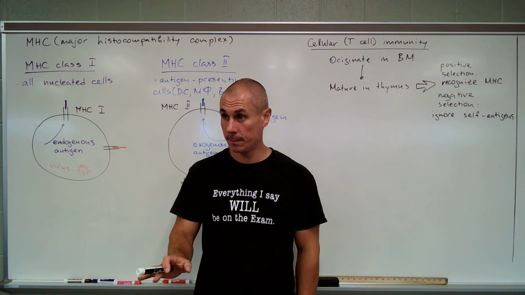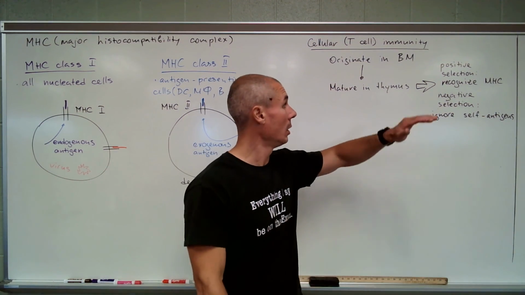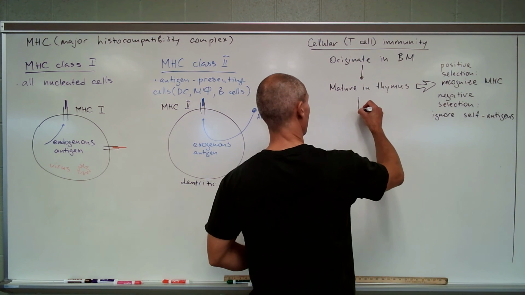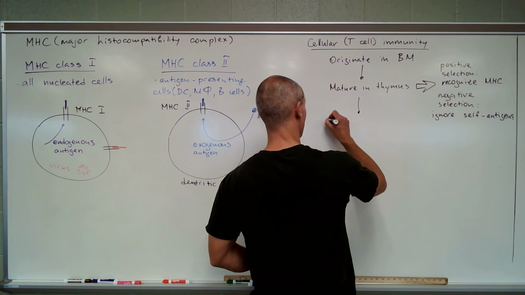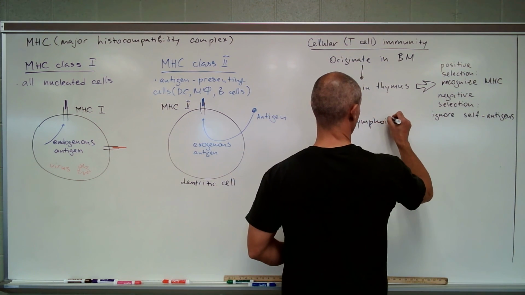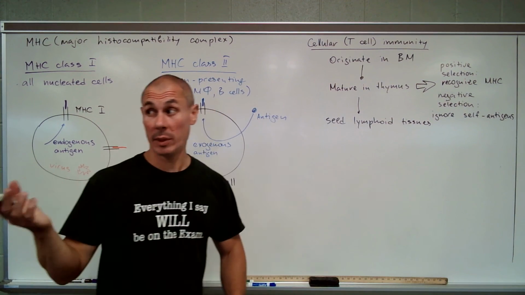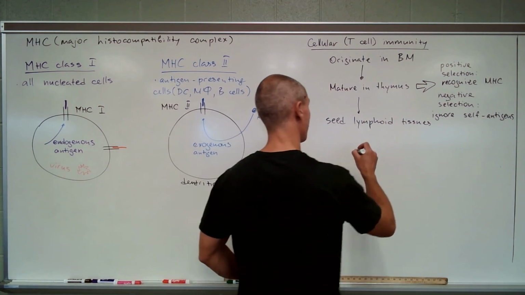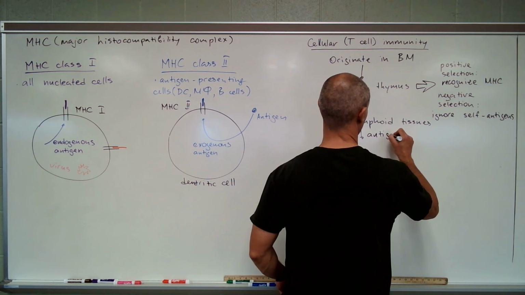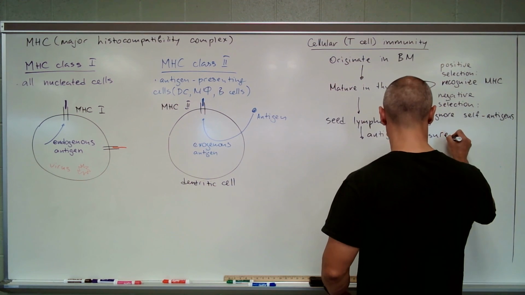We good so far? So let's say they were successfully put through positive and negative selection. Now they totally mature. They seed lymphoid tissues, and just like B cells in the lymphoid tissues, antigen exposure.